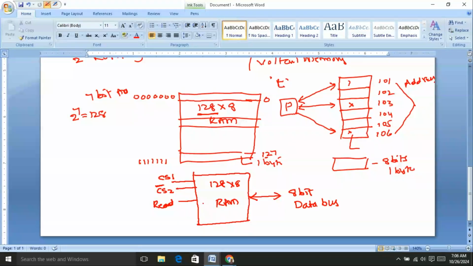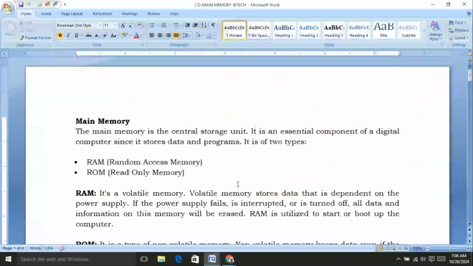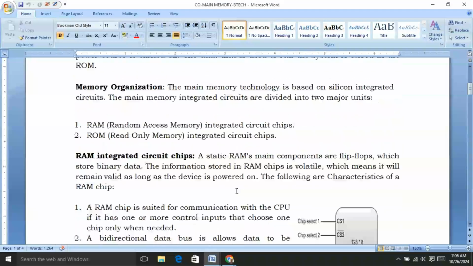Read means to access data from the RAM, and another signal is the write signal. Write means to store the data within the RAM. So this is the architecture of the RAM. I will show the diagram also in another.